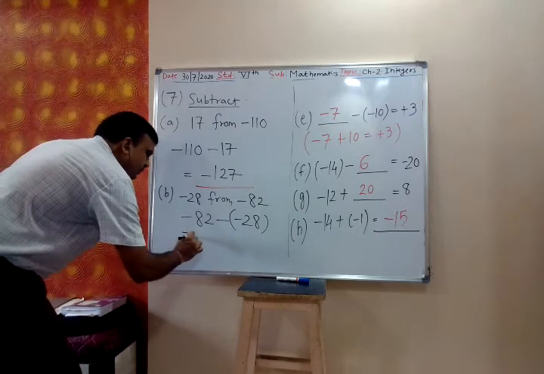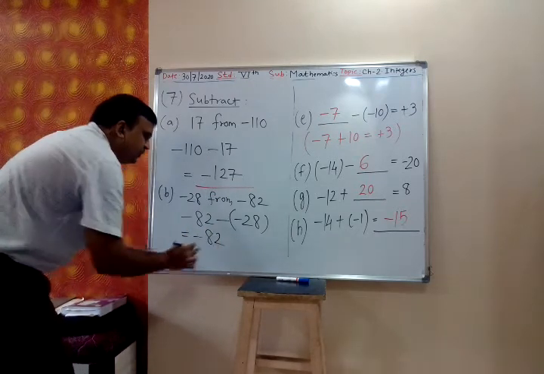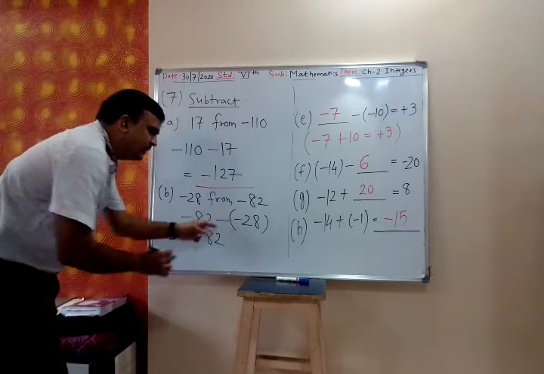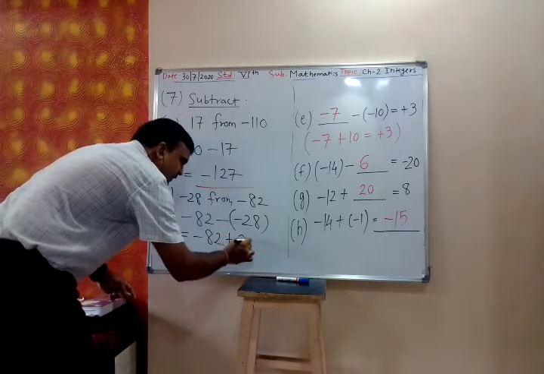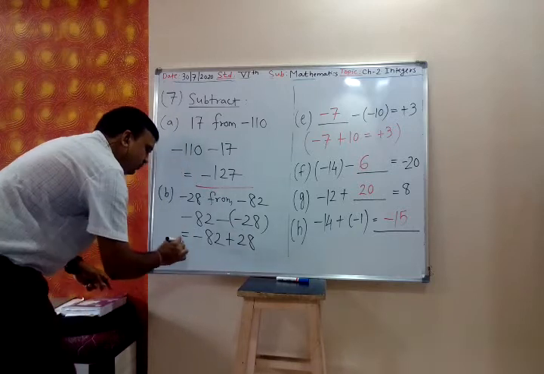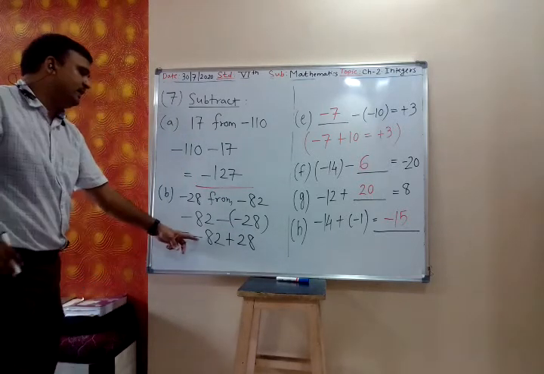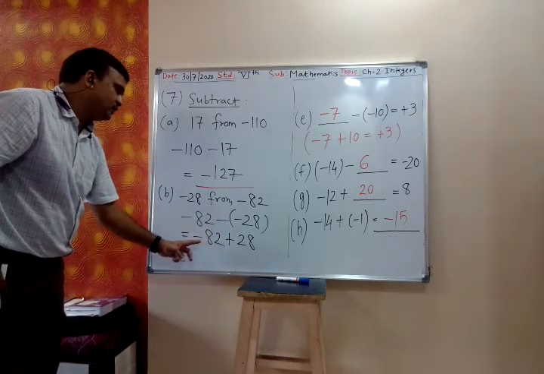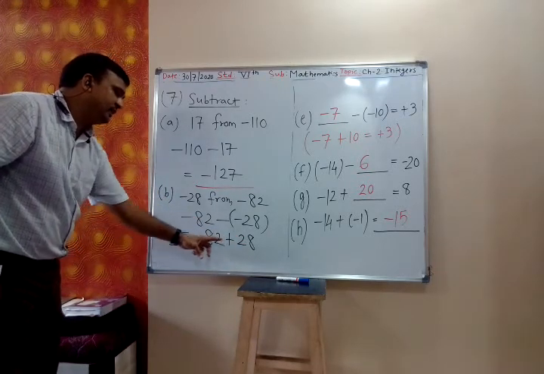So minus 82, and just now I have told you, whenever minus signs are together, they become a plus sign. So plus 28. Now what is the sign of minus 82? Minus. What is the sign of plus 28? Plus. So minus and plus have opposite signs.